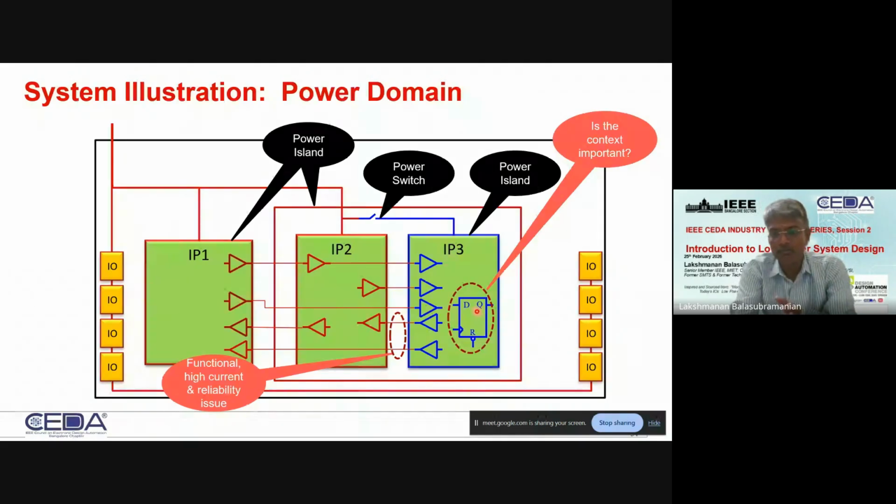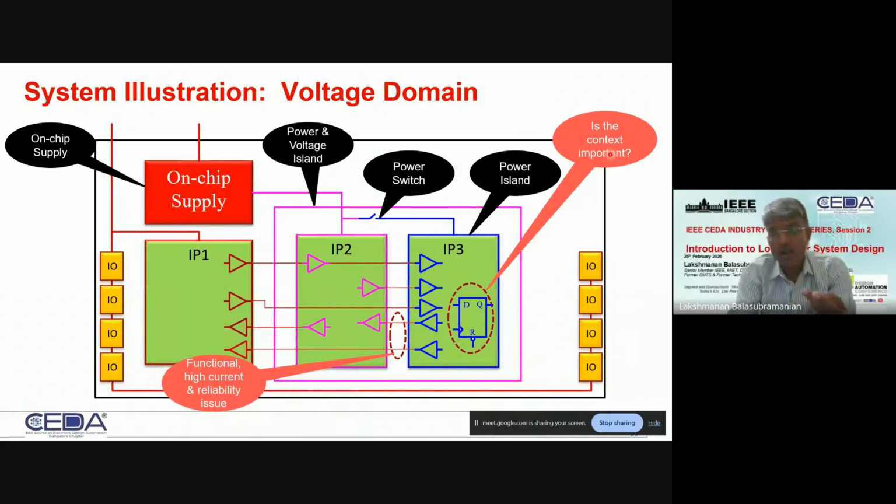If there are thousands of these memory elements, I need to program all of them to a required state before IP3 can be operational and useful, because it lost its state when I powered off. Now, is this context important? And how fast does this context have to be recovered when the power is up? These are two critical aspects in system design.